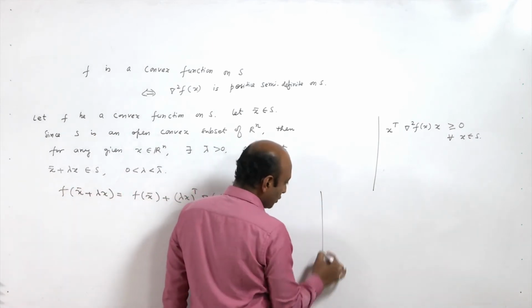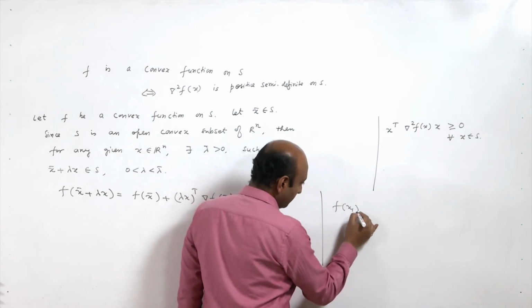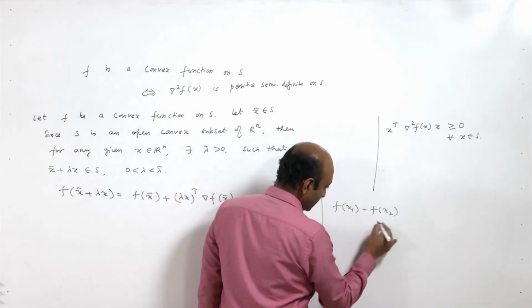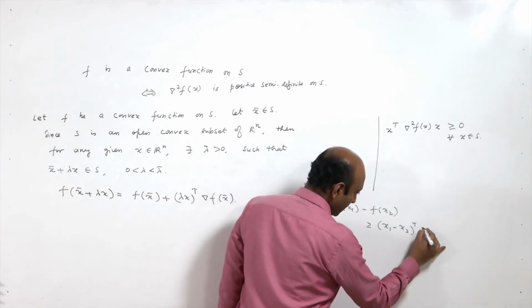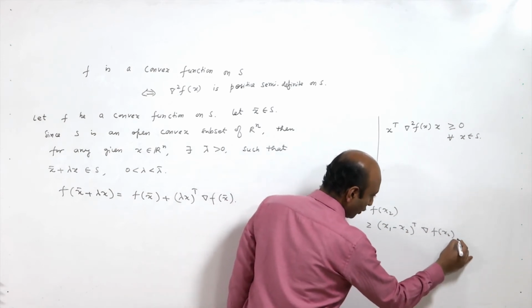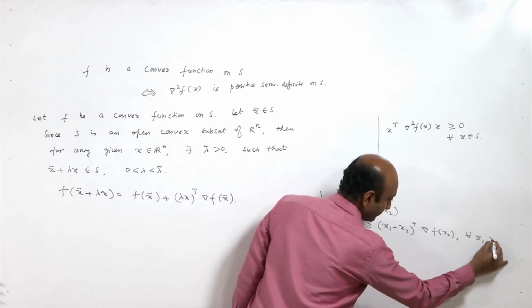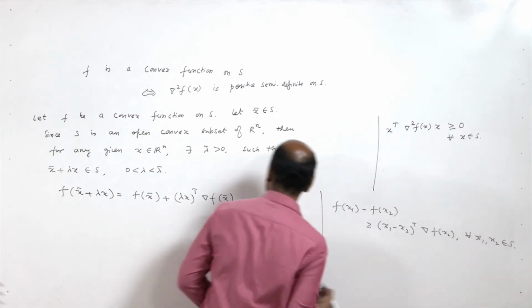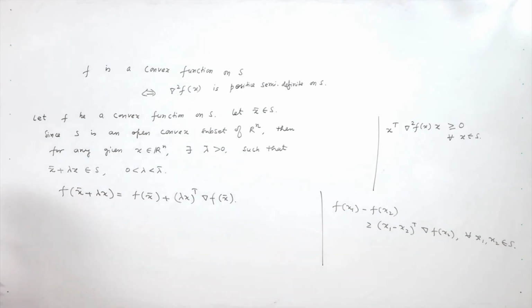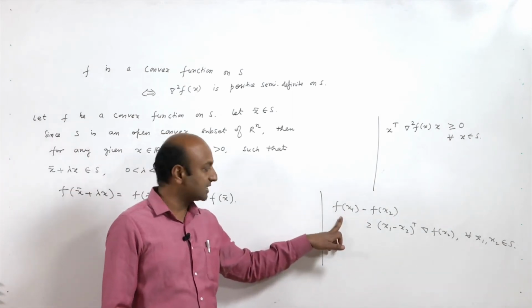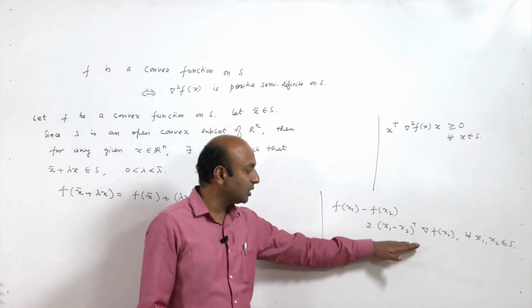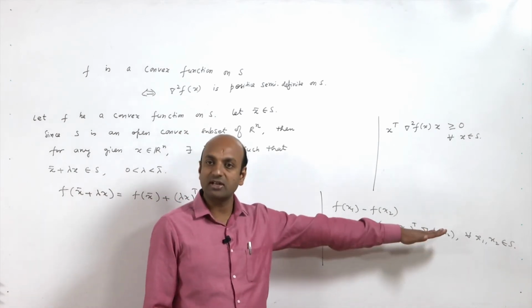Because if a function is convex, this means f of x1 minus f of x2 is greater than or equal to x1 minus x2 transpose gradient of f x2 for all x1, x2 in S. This property we have already seen, that if f is a convex function, then it satisfies this property for all x1, x2.